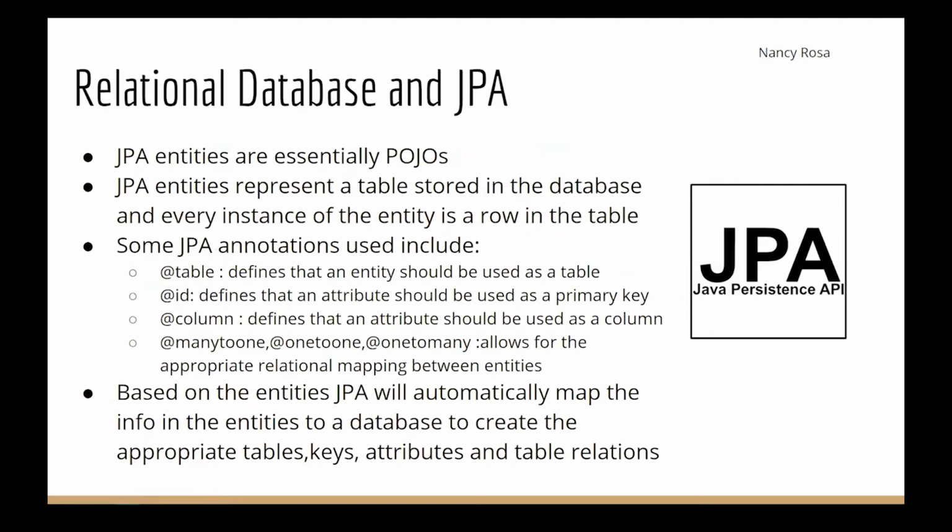So JPA entities are a vital part of the process when using JPA, as they are essentially a database table mapped as a POJO. A JPA entity has the same basic structure as a POJO with properties and methods. So essentially how these entities work is that one of these entities represents a table stored in the database, and every instance of an entity represents a row in that table.